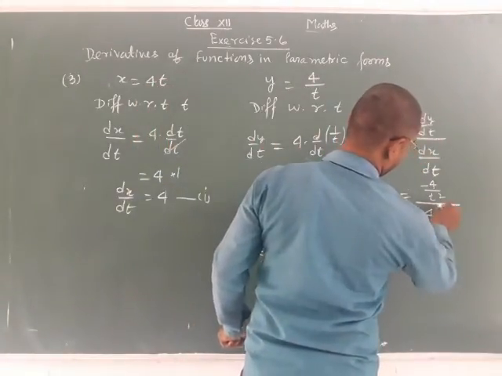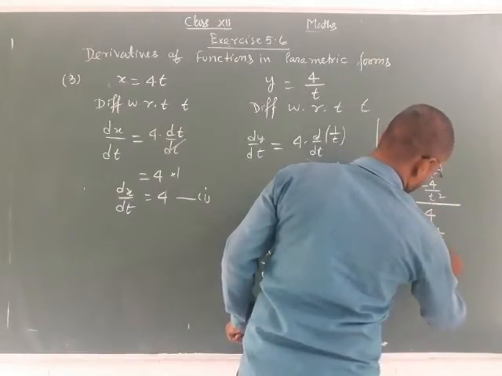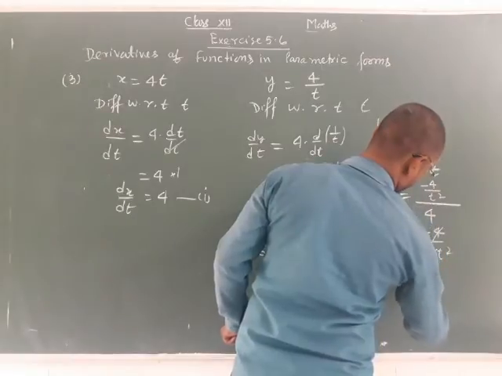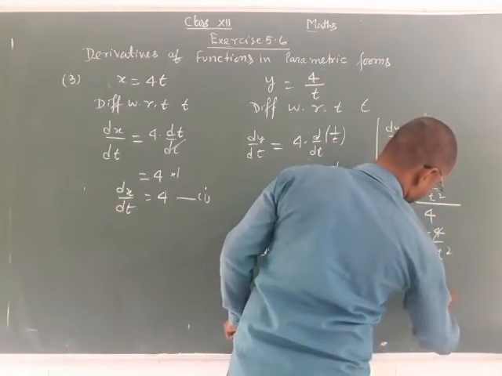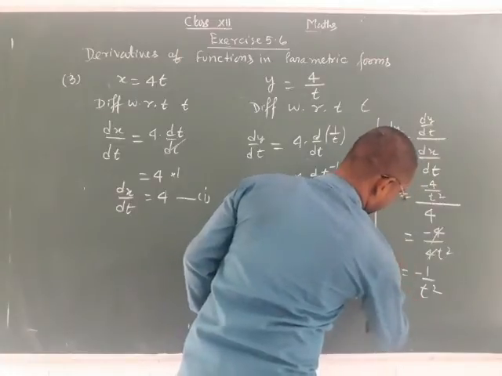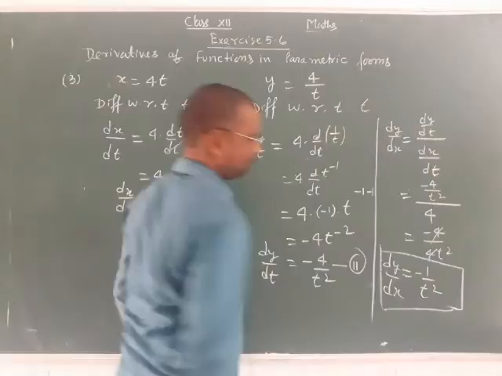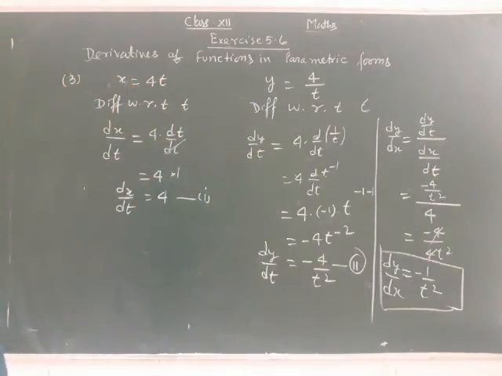So minus 4 upon 4 t square. So cancel out, minus 1 upon t square. This is dy upon dx. This is the answer of the given solution.